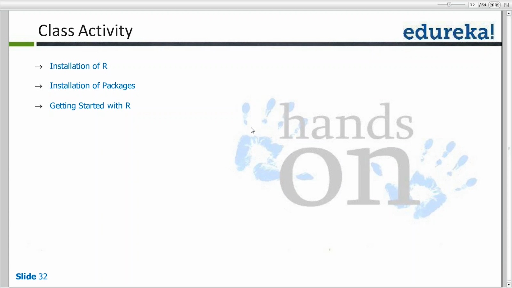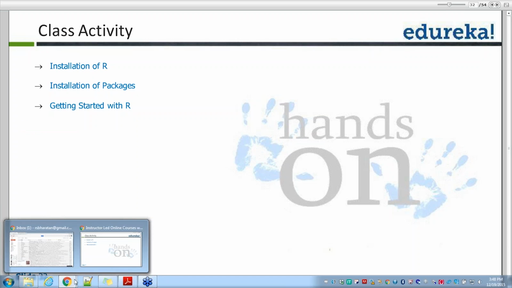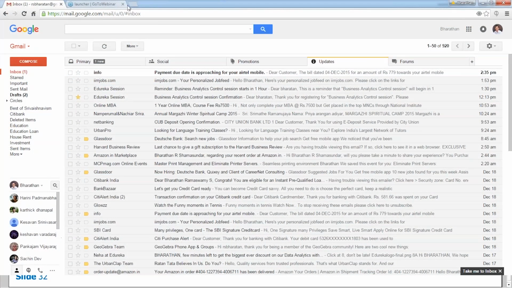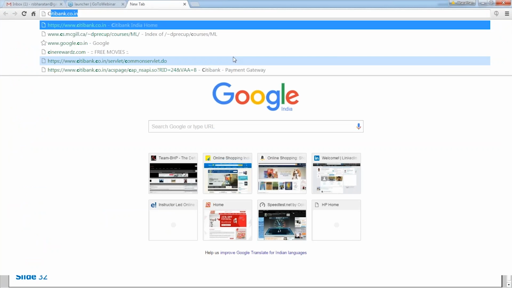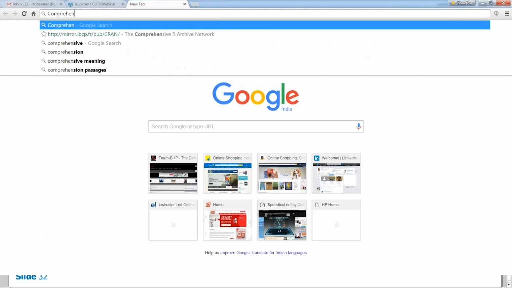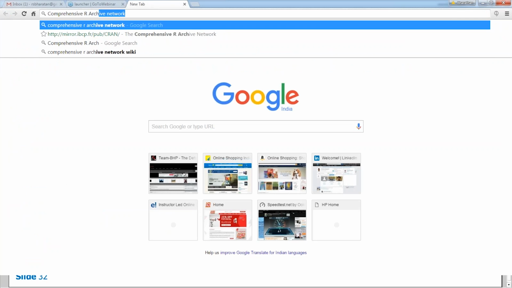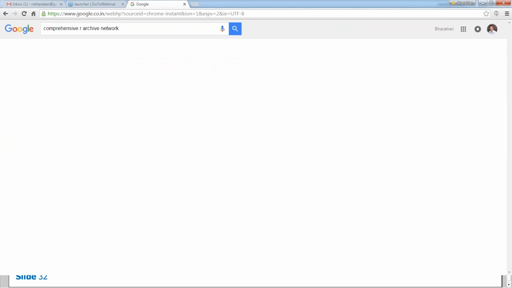So what we are going to do now is that we are going to do some getting started exercises with R. So as far as the installation of R is concerned, if you haven't installed R already, you'll have to go to CRAN, which is basically an acronym for Comprehensive R Archive Network, right?